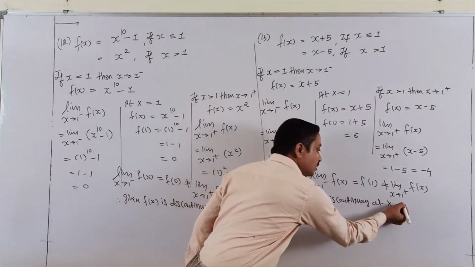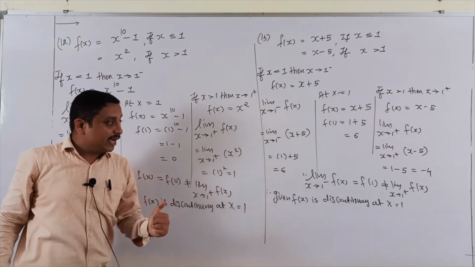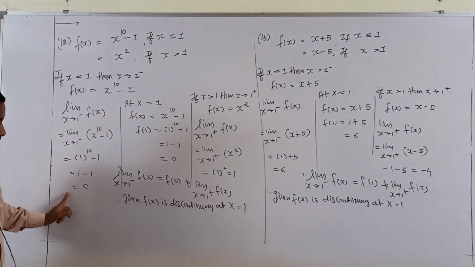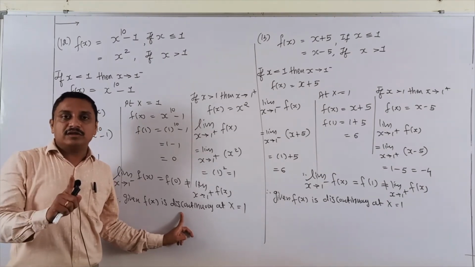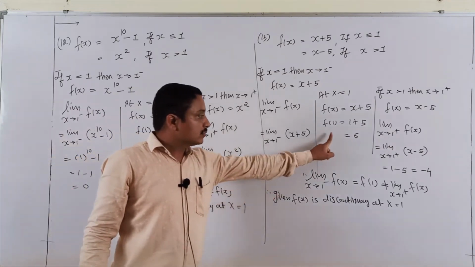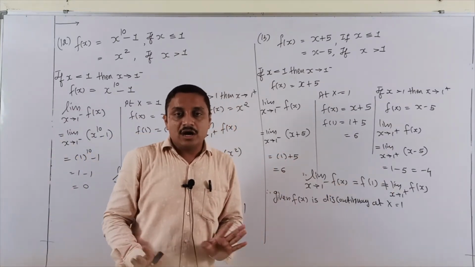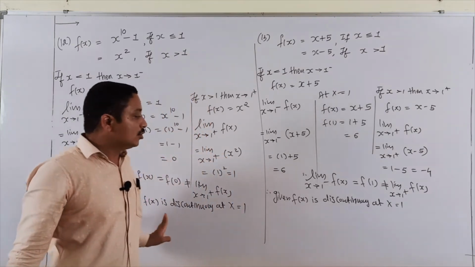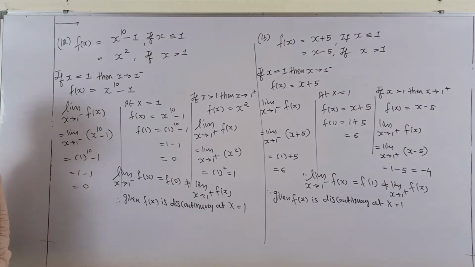Yes, students, you happily did our 13th question for discontinuity, and also in question number 12 our answer is discontinuity. Students, I again revise: if all answers are the same, then you can say the given function is continuous. Otherwise, your answer is discontinuous.